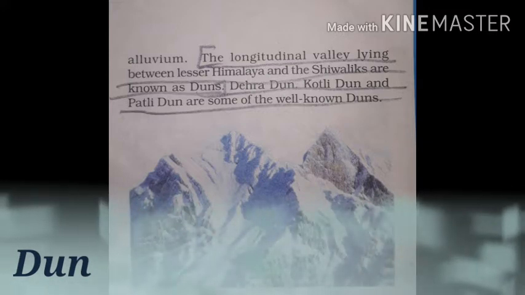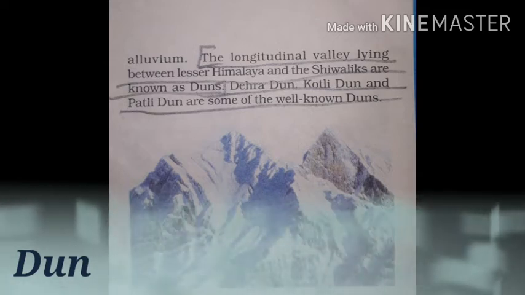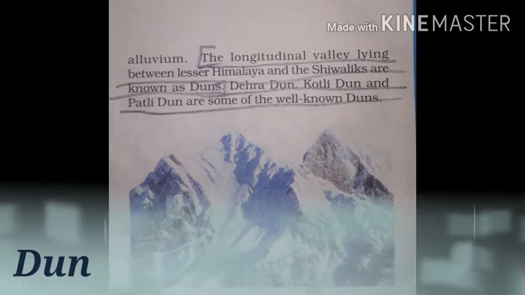When we move through these places, we see the valleys between the Himalayan ranges. This path is known as a dun, and the most important place is Dehradun, which lies in the Shivalik range.